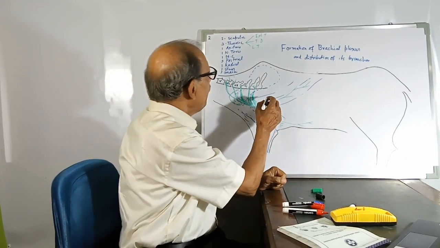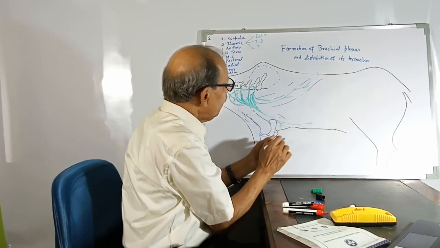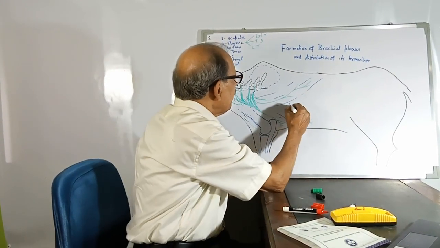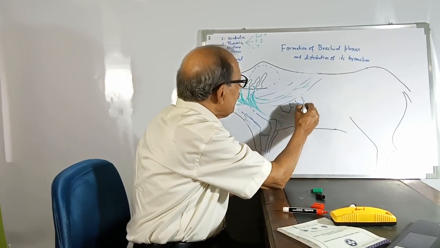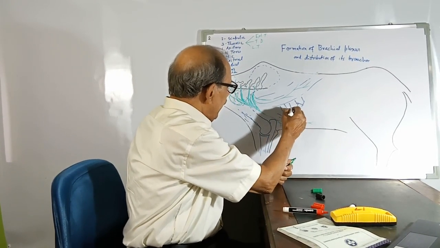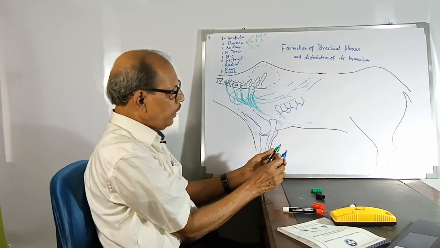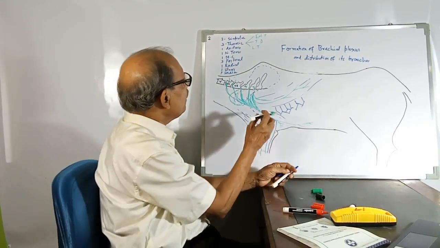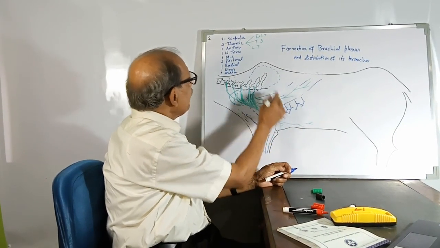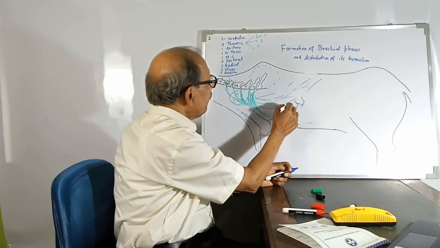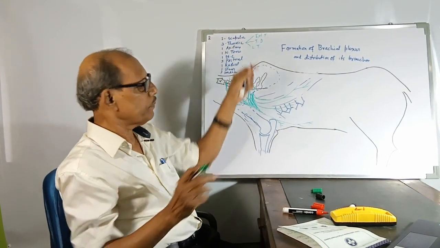The long thoracic nerve will originate, and here are certain muscles I told you which are known as the serratus muscles. Serratus muscles will be at the thorax as well as at the shoulder region. So all these serratus muscles will be innervated by this long thoracic nerve. So this is about the thoracic nerves.